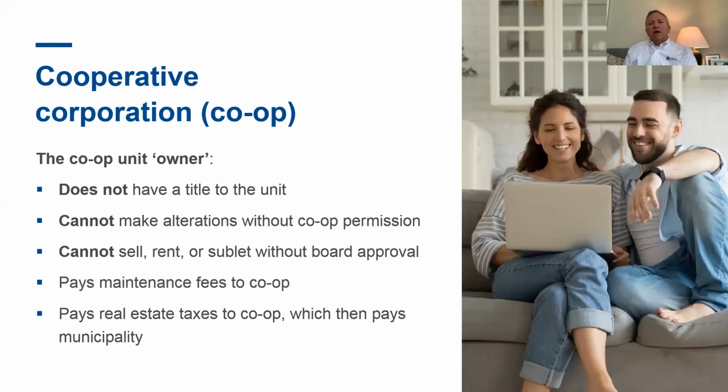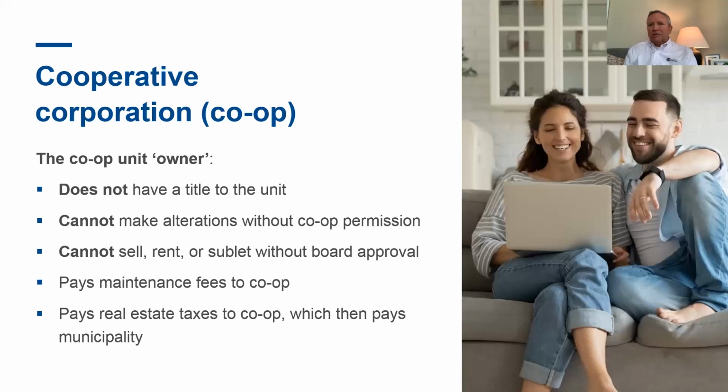I mentioned that you do have a maintenance fee payable to a co-op, similar to the common charge on a condominium because it is paying your prorated share of the upkeep of this co-op property. That maintenance fee also includes your portion of the co-op corporation's property taxes. So when you own a co-op, you ultimately own shares in a corporation and not real property.